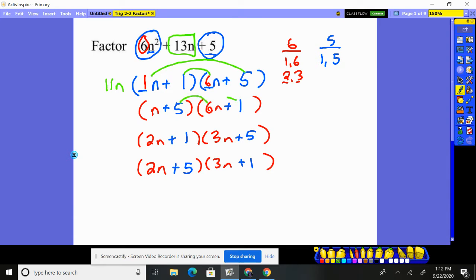This here would be 30 and 1, so it'd be 31. This would be 2 and 5, which is 10 and 3. 10 and 3 is 13n. Looks like a winner right there. Notice this one would have given you 15n and 2n, which is 17n. Okay? These are the only 4 possibilities that exist.